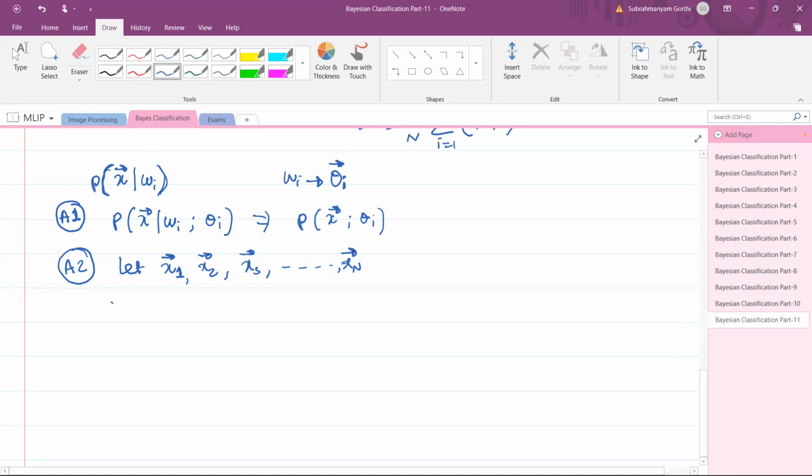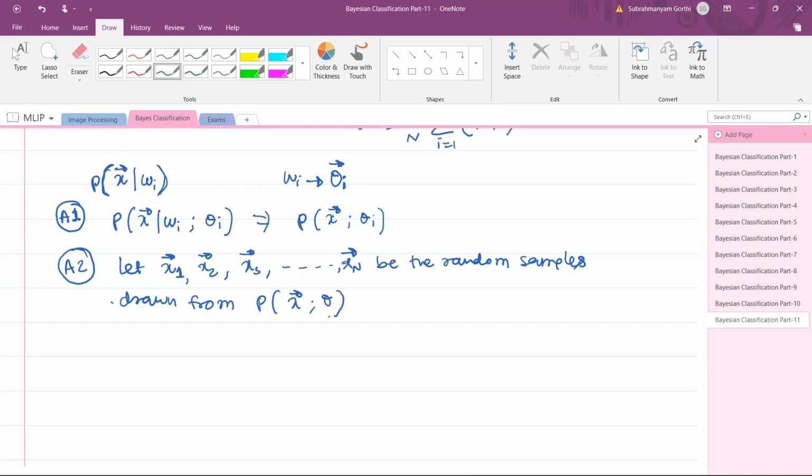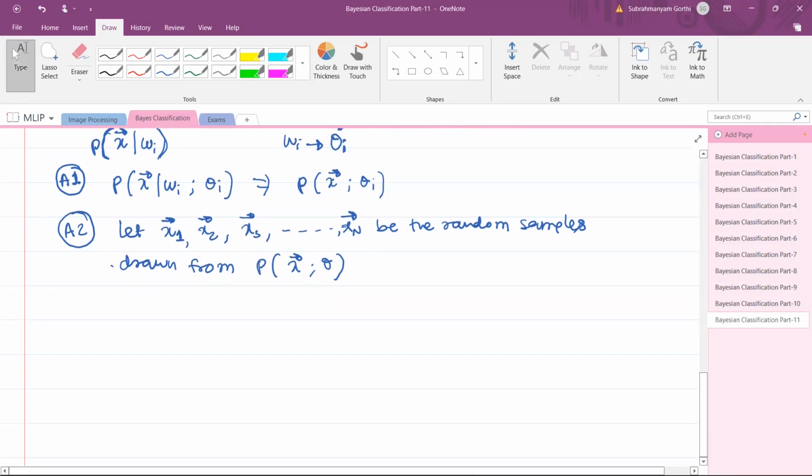These are the random samples drawn from the probability of x bar comma theta. Whichever distribution is there, those are the random samples drawn. Each sample has a feature vector of dimension L, and such n vectors are there. From this you are going to estimate the parameters.